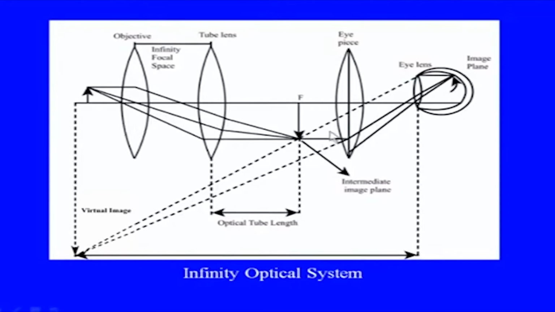Now, here one has to understand that it is not that there is some infinity space; infinity corrected only means that rays are focused at infinity, and finally they are brought to the intermediate image plane by the tube lens. So, most modern microscopes contain infinity corrected optics.